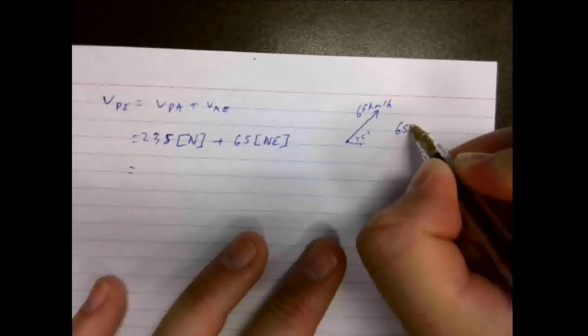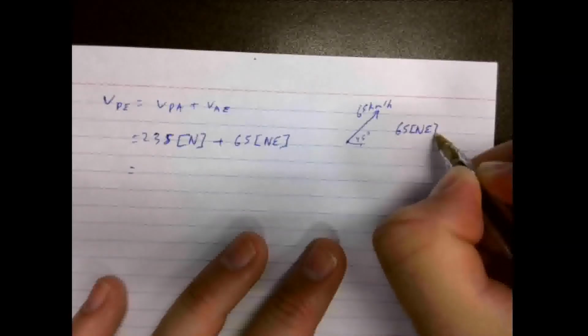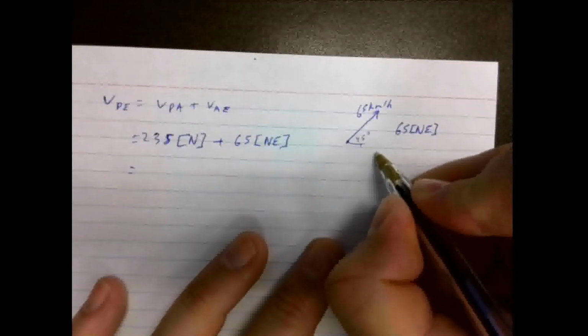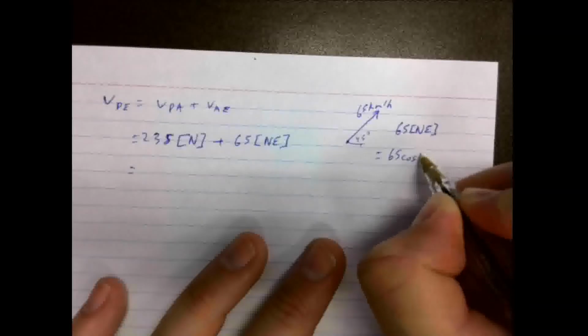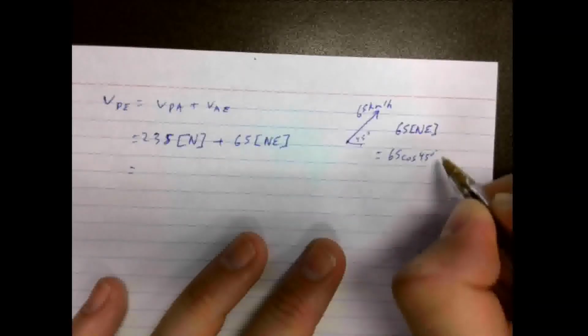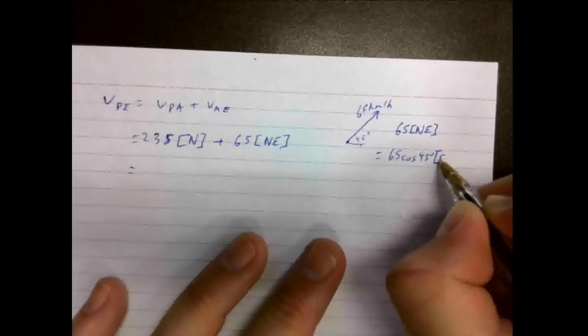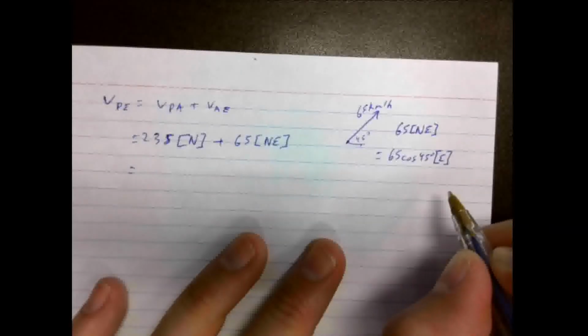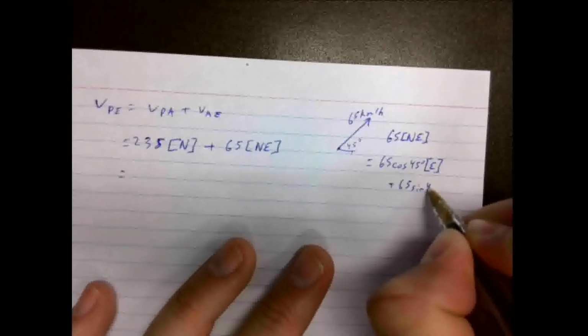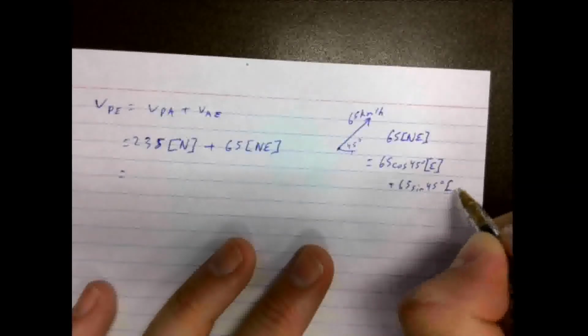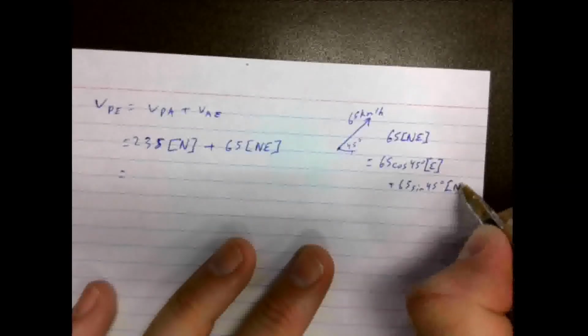So this 65 northeast can be broken up into 65 cosine of 45 degrees, which would determine my east direction, plus 65 sine of 45 degrees, which would determine my north direction.